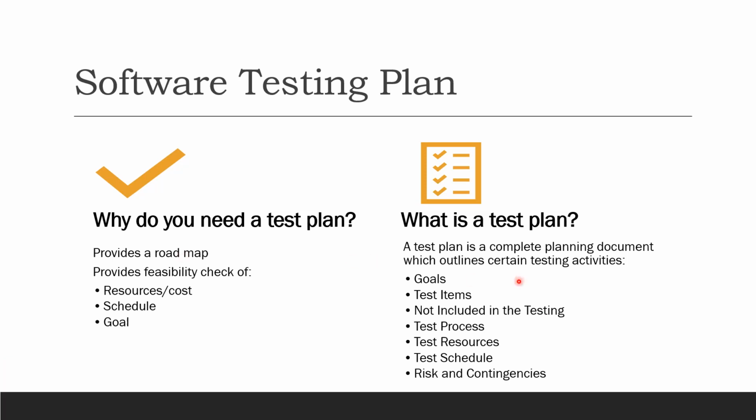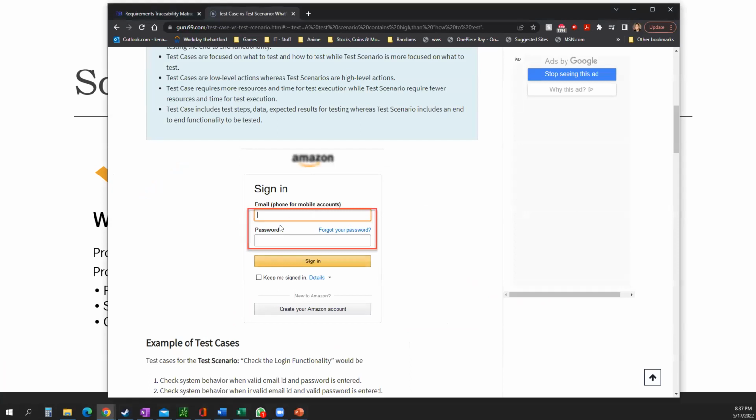So with that said, what you're gonna be looking at is your goals, testing items, and by testing items, we're talking about testing scenarios, like going back to Amazon login functionality here.